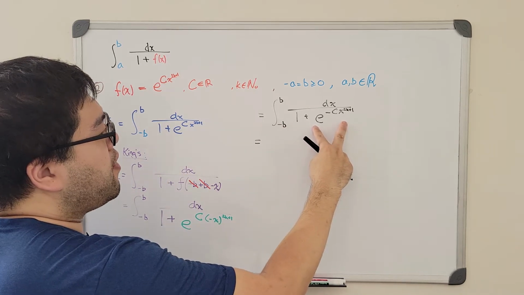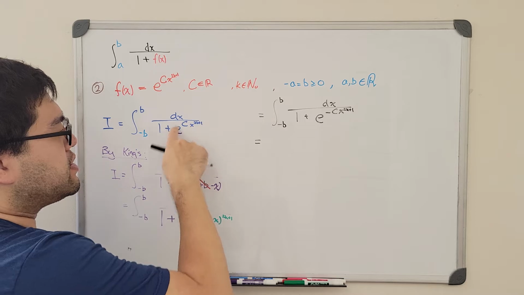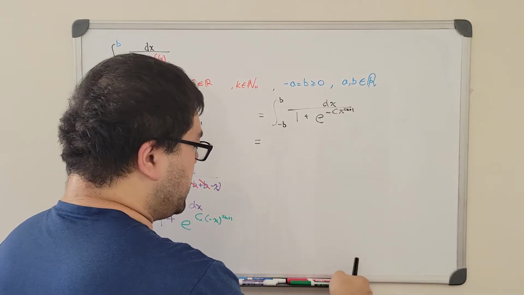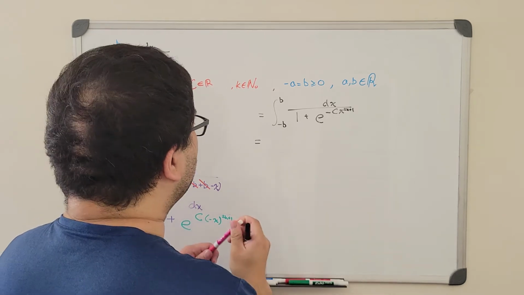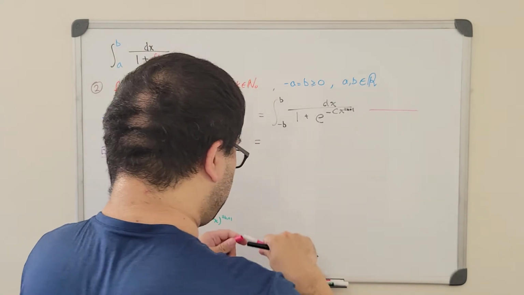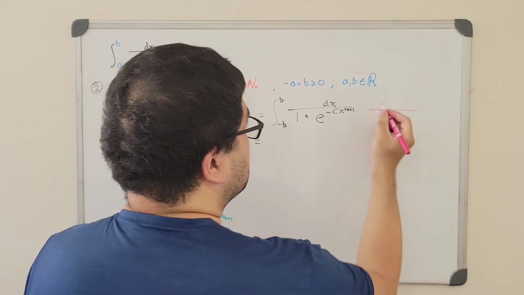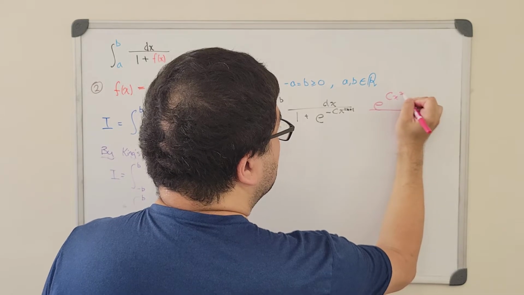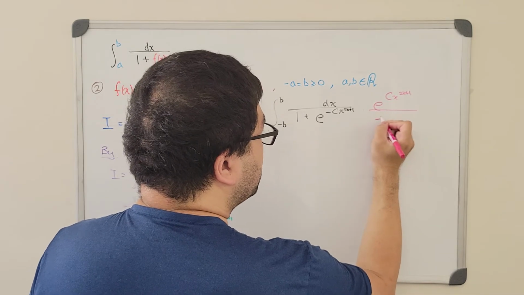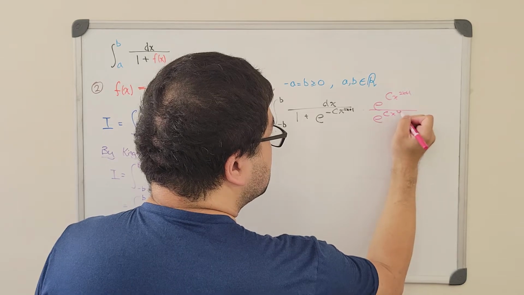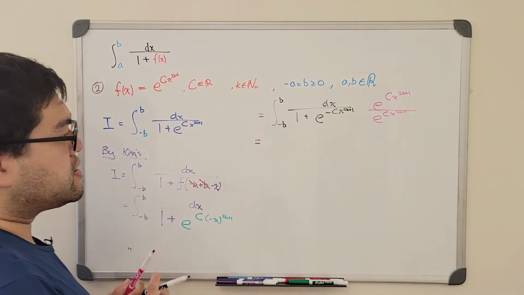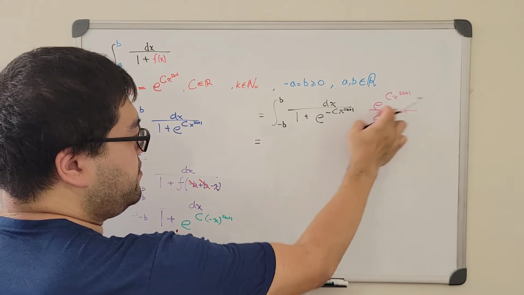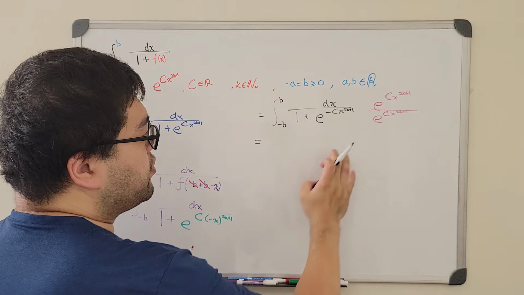if we are going to multiply by this expression here, we see that the second term will turn into 1. In other words, if we're multiplying both numerator and denominator by e to the positive cx to the 2k plus 1 power, like this, we see that in the denominator, the second part is going to cancel with the term that we just put.